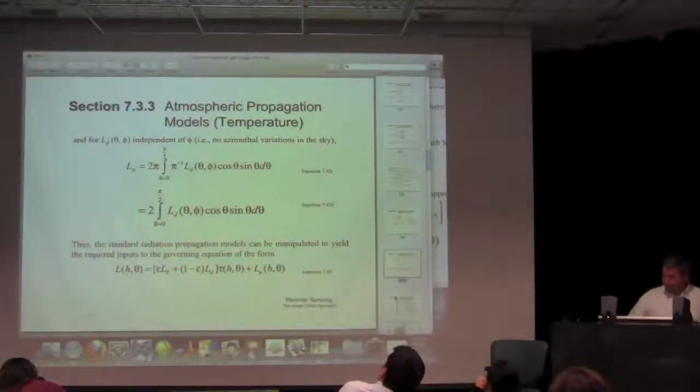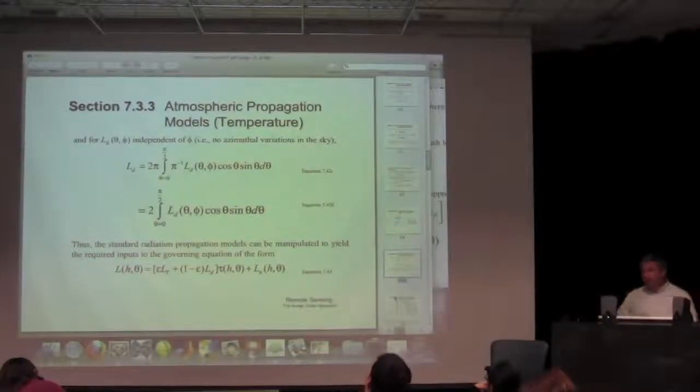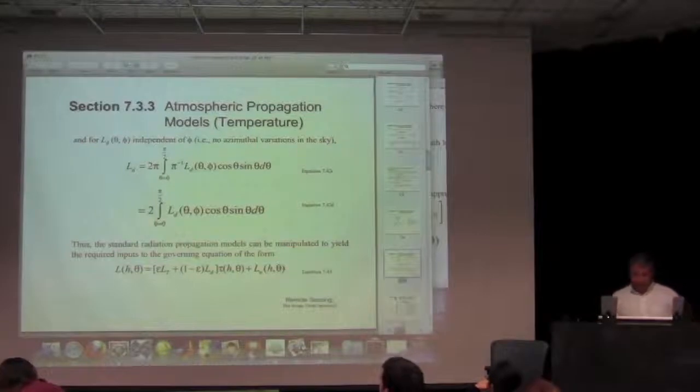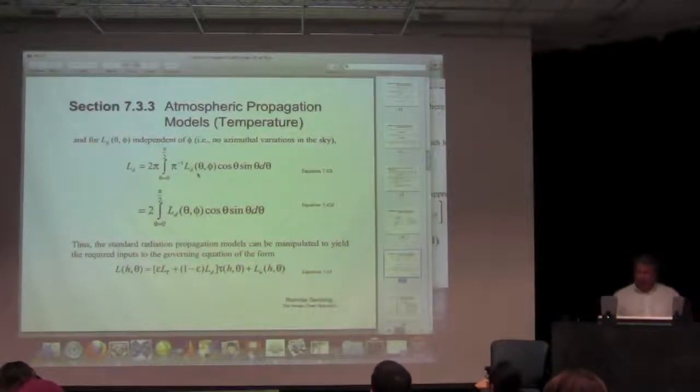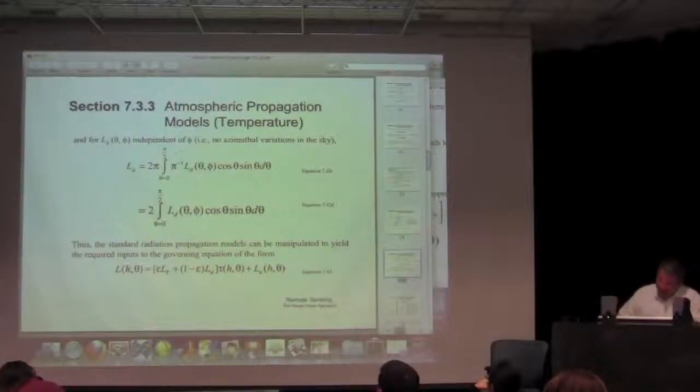One question there. Here, you integrate the previous equation over phi. This one right here? Right. But LD is still a function of phi. So how come? Okay, so the phi does drop out.